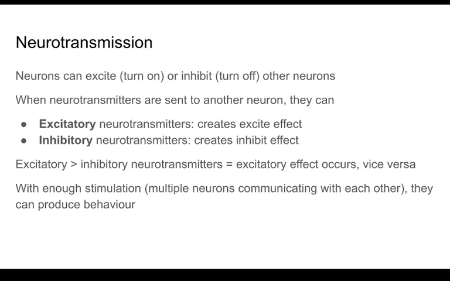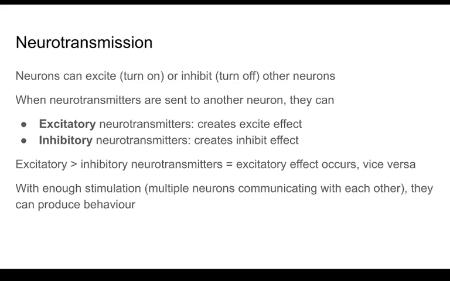So if excitatory neurotransmitters are the majority, then it will turn on the neuron and influence it to also excite other neurons. That's kind of how neurons communicate with each other.